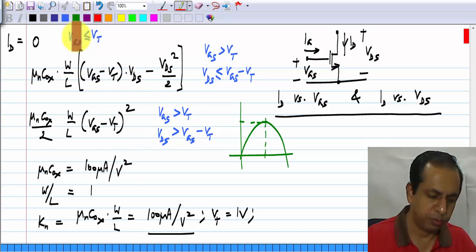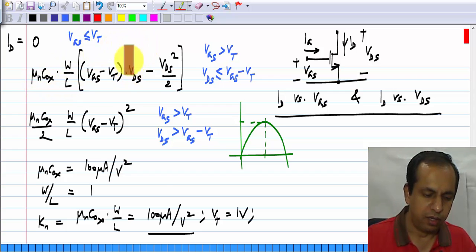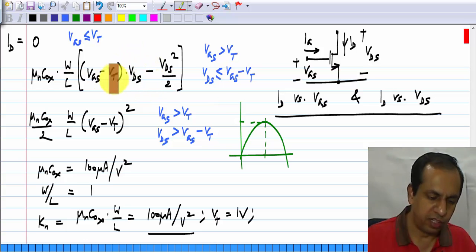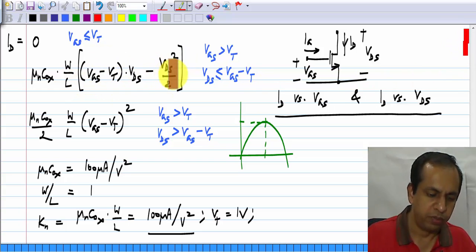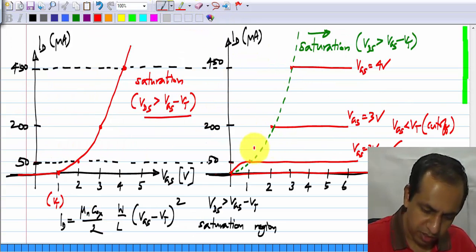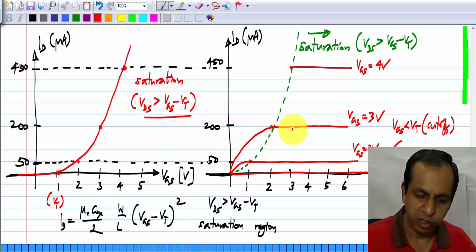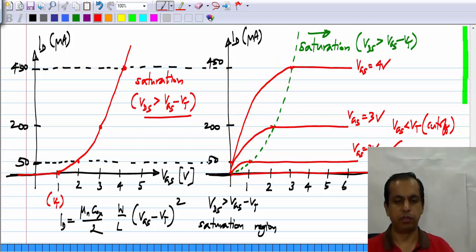So the current starts from 0, then it increases with VDS in some way, up to the point where VDS equals VGS minus VT, and after that this parabola doesn't continue. This expression is no longer valid. Okay. Then the current will be constant. Okay. So similarly for the other values, there will be some inverted parabola, the slope becomes 0 and then it stays constant, and same happens for all of them.